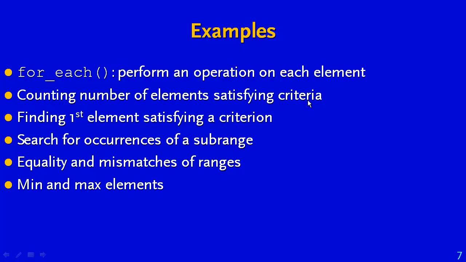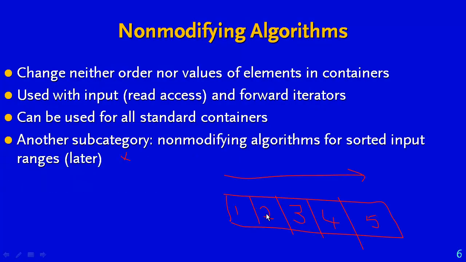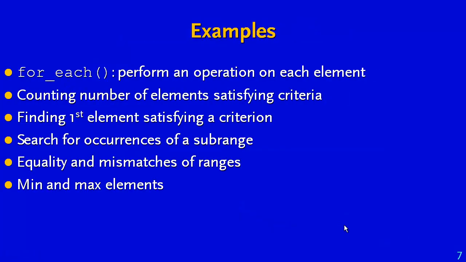So you could say count the number of elements whose value is equal to 5, no problem. Count the number of elements which are even. Count the number of elements which are odd, or any other criteria you want to employ. Count the number of elements which are divisible by 4. So you've only got 1 here, etc., etc.